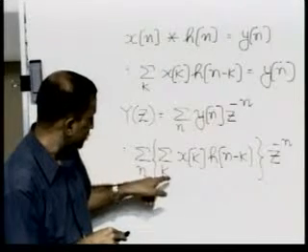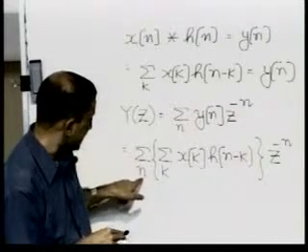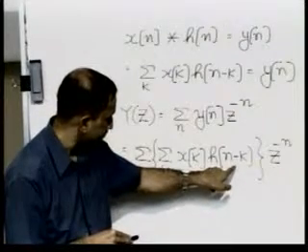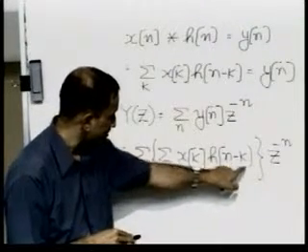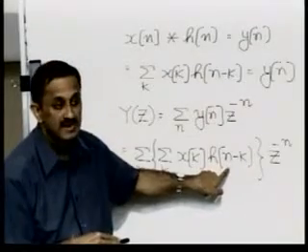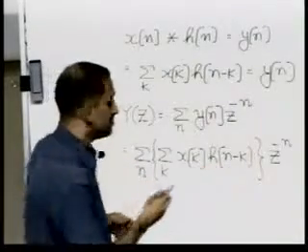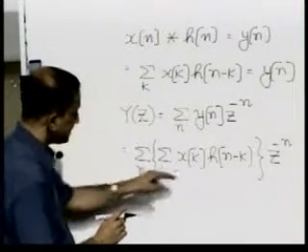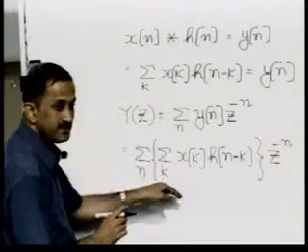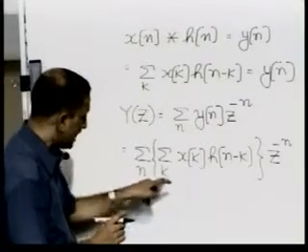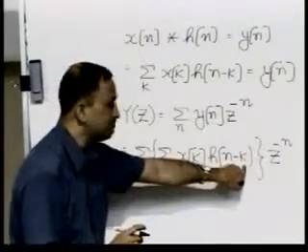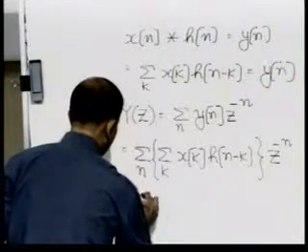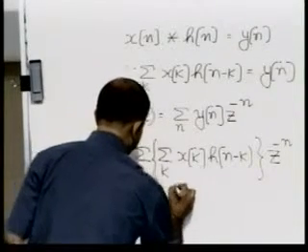Now, here we have a twofold summation on n and on k, and it is preferable to remove this expression n minus k. So, let us introduce a different variable. Instead of having a summation on n and k, we will prefer to have a summation on k and some other variable where this becomes one variable. So, let us denote n minus k by another variable L.